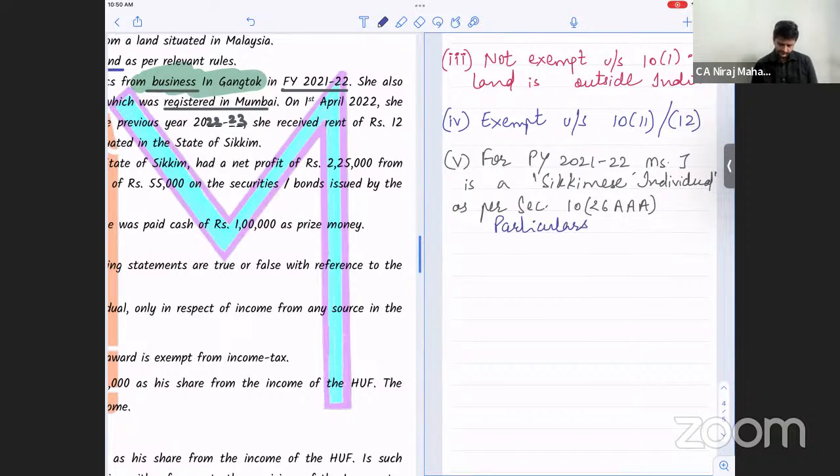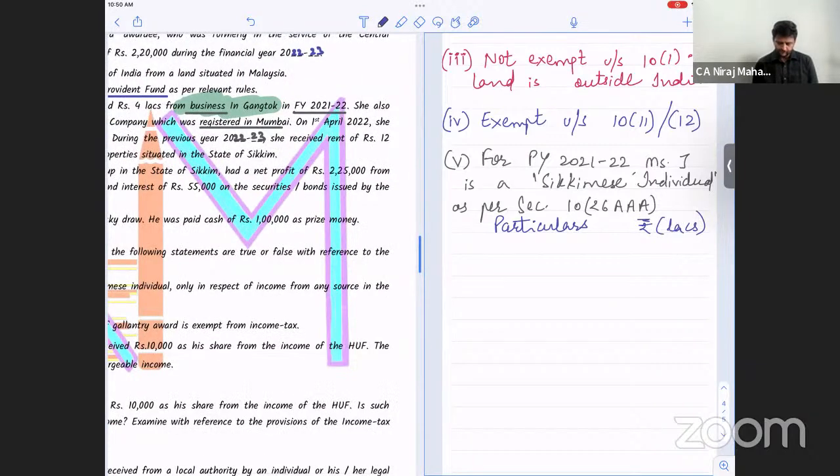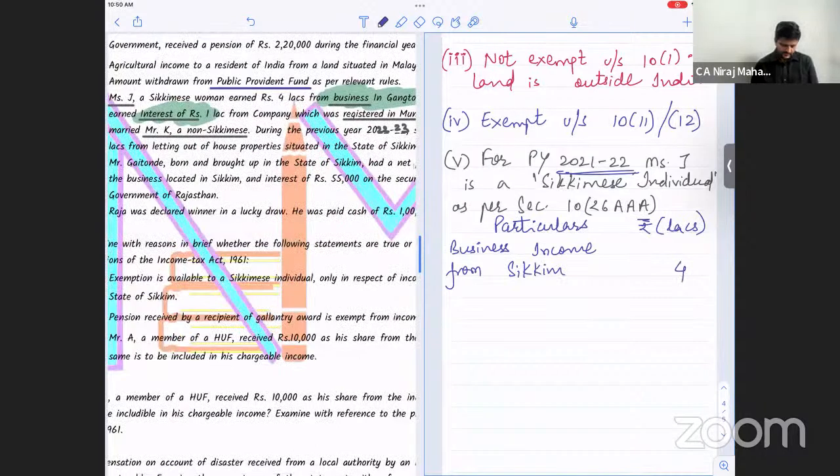Rupees in lakhs. Numbers are given in lakhs. Don't forget it's for 21-22. She has got business income. Business income from Sikkim, 4 lakhs.